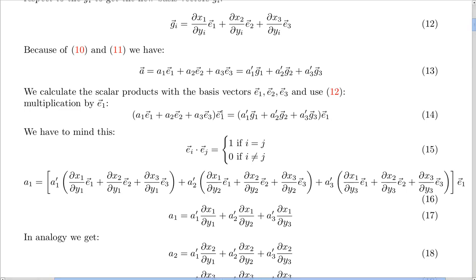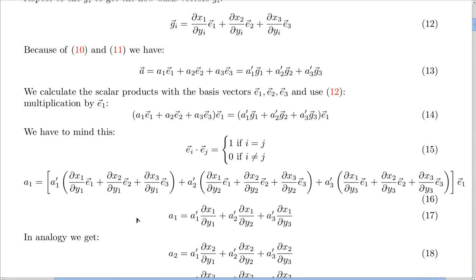So if we multiply 13 by e1, then we have to know that the scalar product of two orthonormal basis vectors is 1 if the indices are equal, but the product vanishes if the indices are unequal.